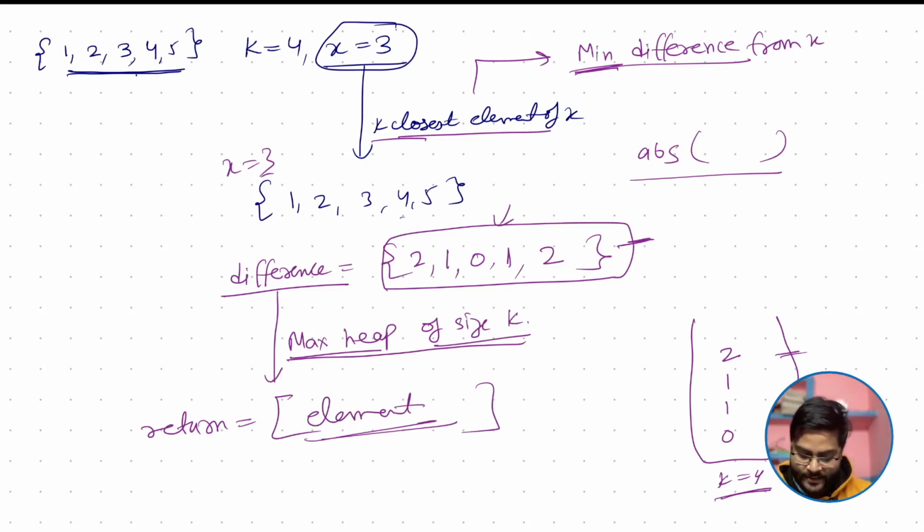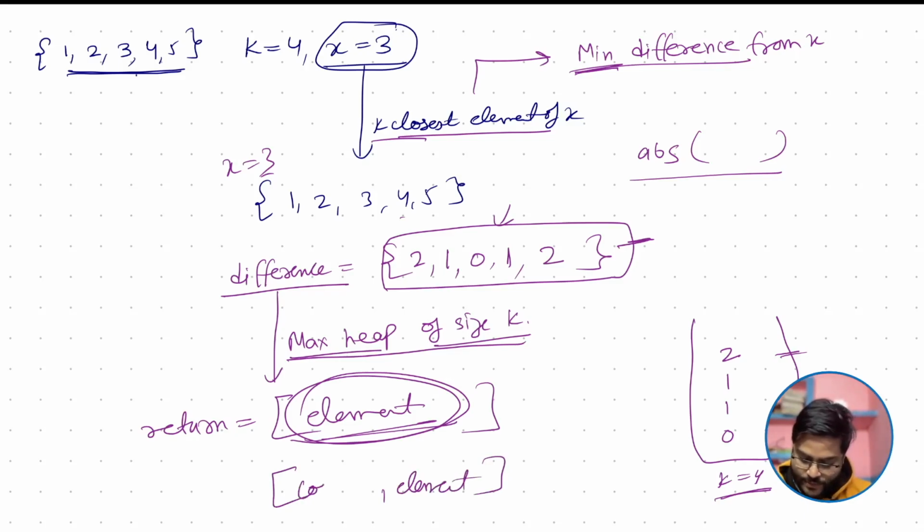How can we return the element? In the previous problem, we wanted to return the element on the basis of count. Similarly in this problem, we want to return the element but on the basis of difference.